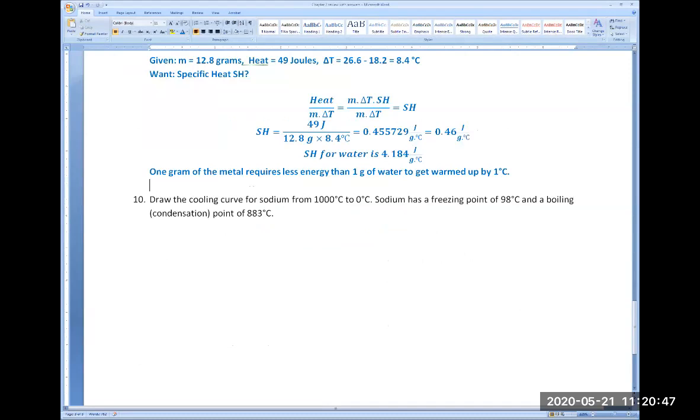So the next problem is asking to draw the cooling curve for sodium from 1000 degrees Celsius to 0 degrees Celsius. Sodium has a freezing point of 98 degrees Celsius and a boiling point of 883 degrees Celsius. So a cooling curve is, and that's what I was doing at the beginning here.